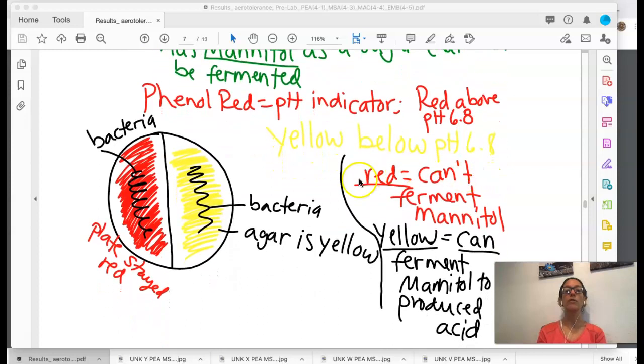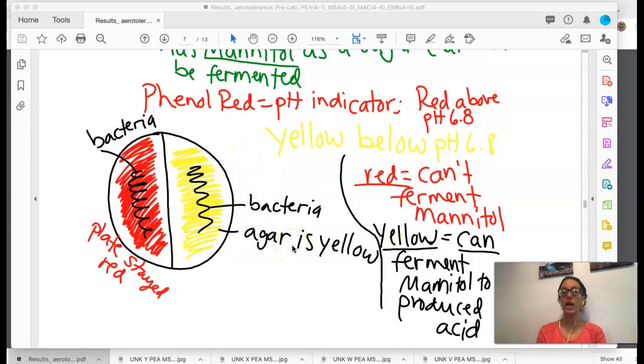And so if on the agar, which initially is red, there is growth and the growth leaves the agar red, then that organism cannot ferment mannitol. However, if there is growth and that growth generates acid because of fermentation of mannitol, the media will turn yellow.